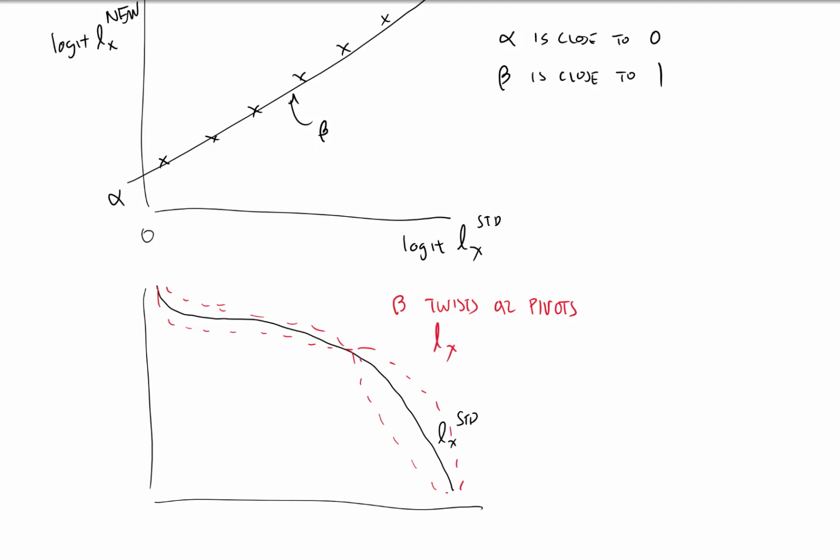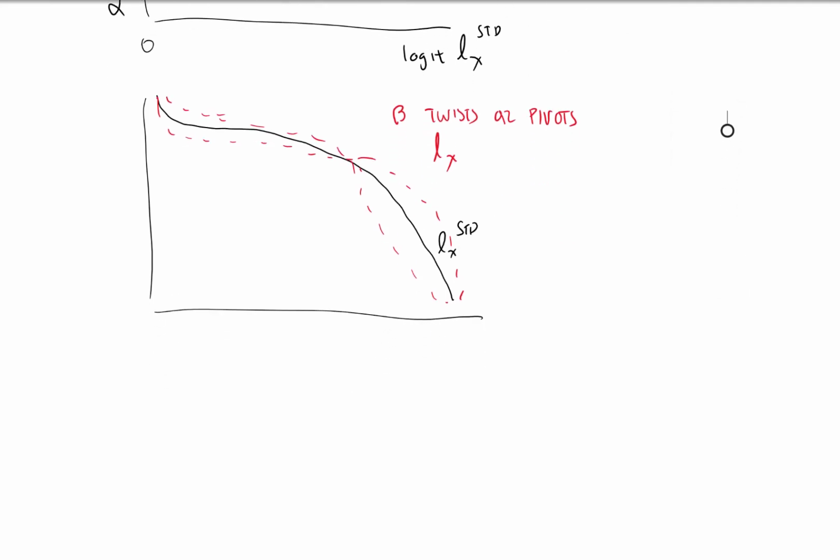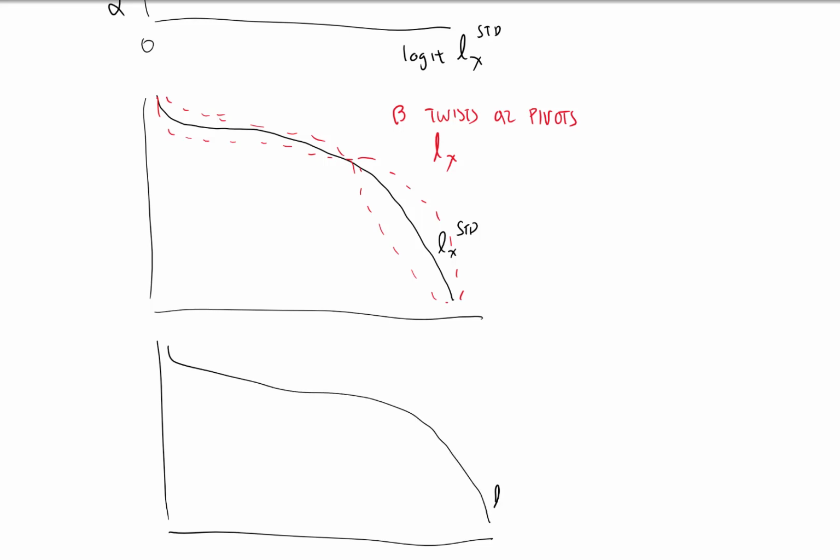And it turns out that alpha in this system, so suppose now here's our lx standard again, alpha would raise or lower.